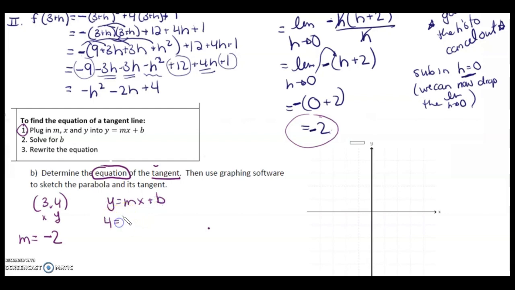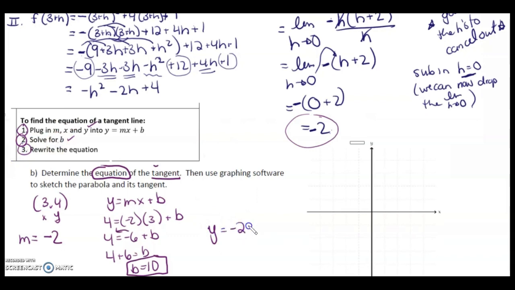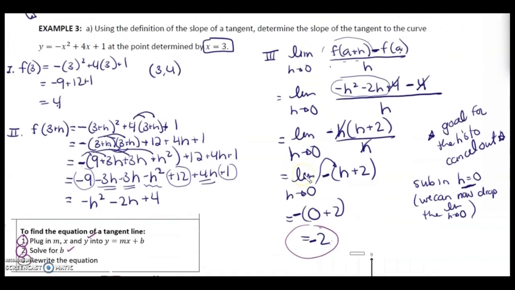We have 4 equals negative 2 times 3 plus b, which is 4 equals negative 6 plus b. Bring it over: 4 plus 6 equals b, and b equals 10. Okay, this is all grade 9 work. We solve for b, so plug in, solve, rewrite. Therefore, y equals negative 2x plus 10. This is the equation of the tangent.